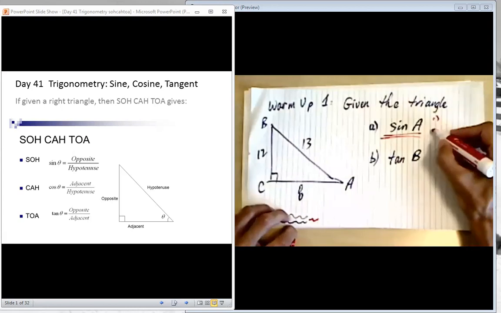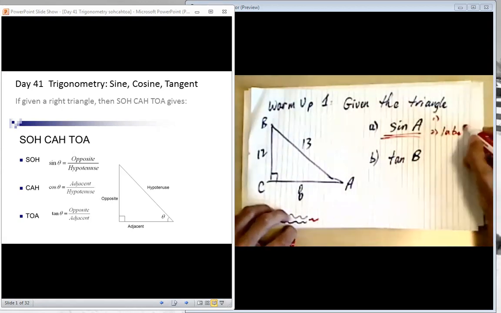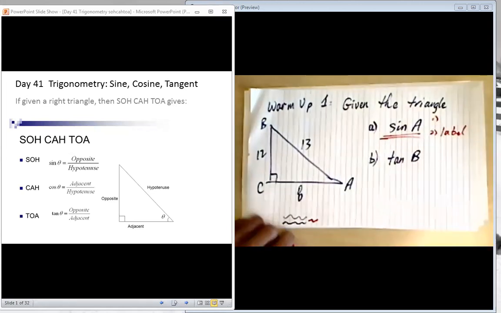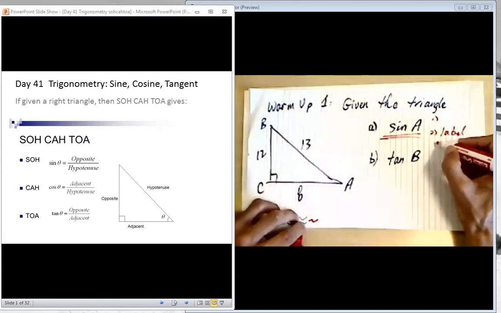Step 1, blank. Step 2, label. It's true. You remember this. What are the 3 names we have?